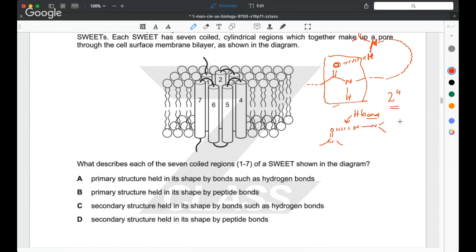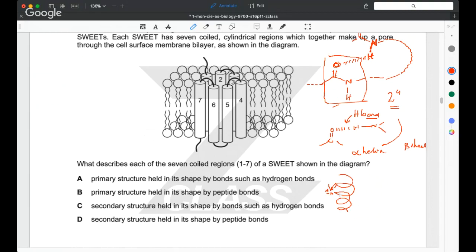And that secondary structure can either be an alpha helix or a beta sheet. Now, the one that I've drawn up here is probably closer to the alpha helix. So if that's the protein chain, you've got a carbonyl group from one peptide bond, and you're getting the NH from another peptide link, and you get the hydrogen bond between them.